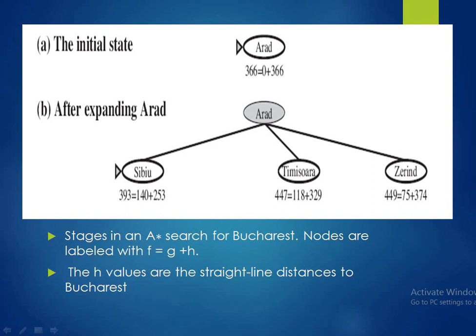After expanding Arad, we have three different cities: Sibiu, Timisoara and Zerind. Again the value of f of n is calculated. For Sibiu f is 393, for Timisoara it is 447 and for Zerind it is 449. Here the first two stages are shown and the nodes are labeled with f equal to g plus h. The h values are nothing but the straight line distances to Bucharest.